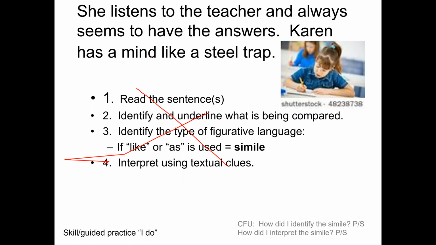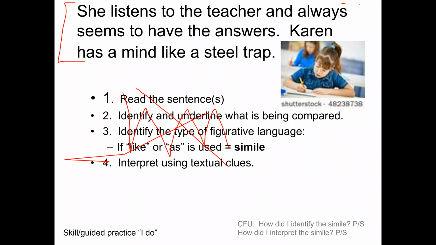The only thing you need to write is the beginning part, and then we have to try to interpret. I'm going to say this again, because people could still mess it up. Just write the beginning part. Do not write these 4 steps. We just finished writing that down. We're only going to write the beginning part, the simile itself. Okay.